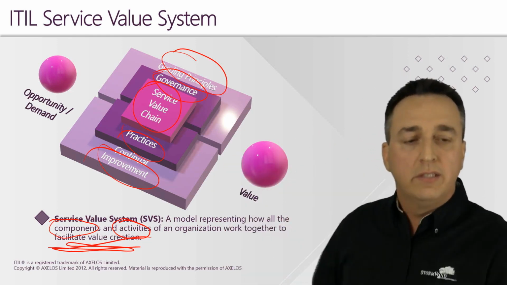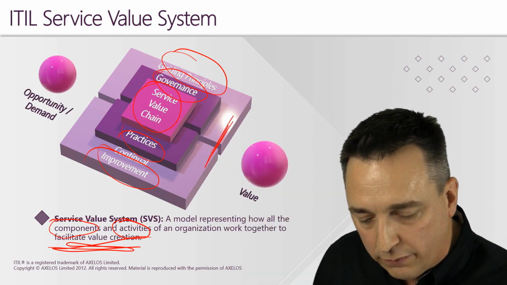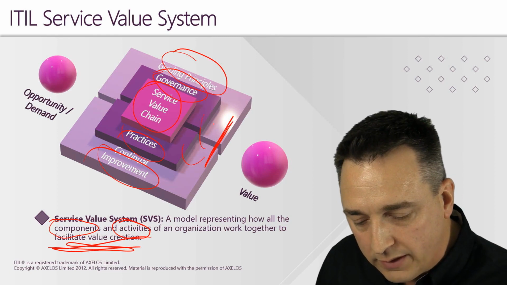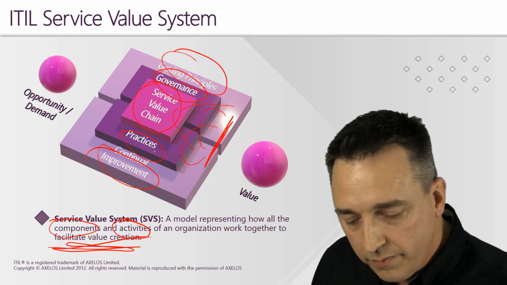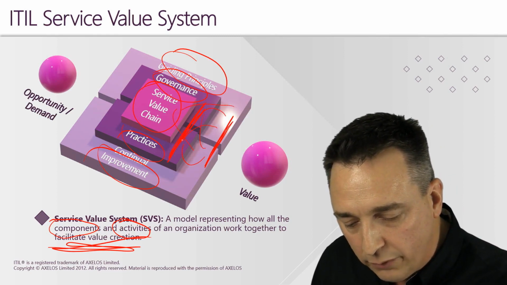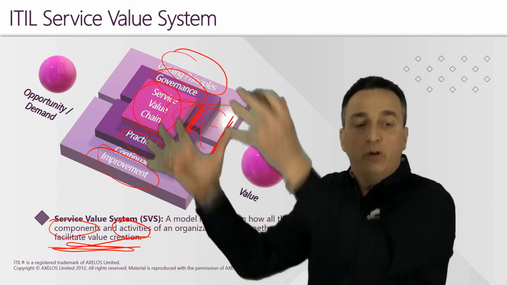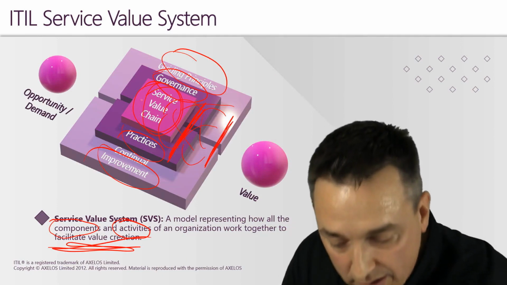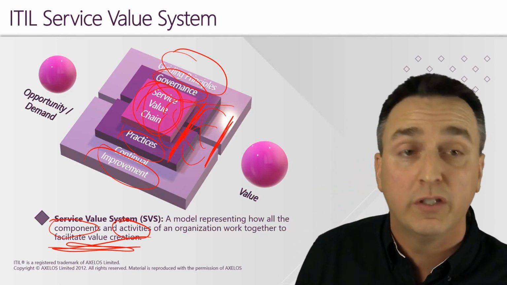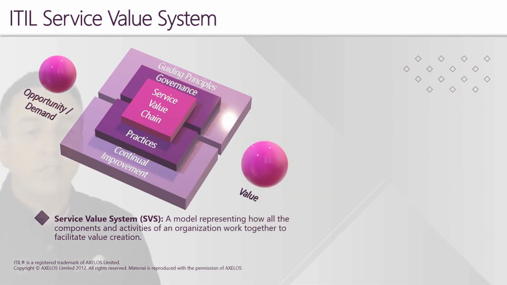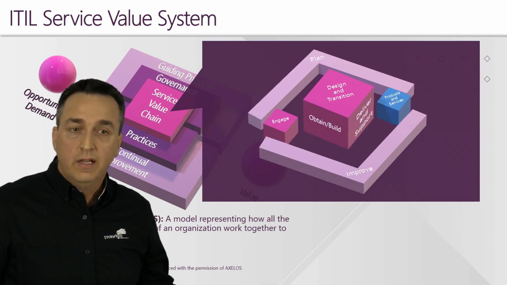And the reason why it's designed this way is because these tiers influence each other and they influence every tier above. And then these two tiers influence each other and influence what's above. So we have this bottom-up approach of influence until we get inside. And when we get inside that service value chain component, this is where we have activities.